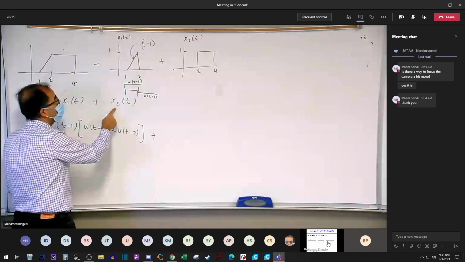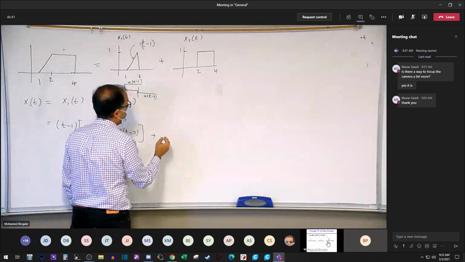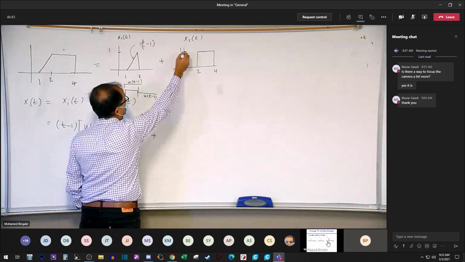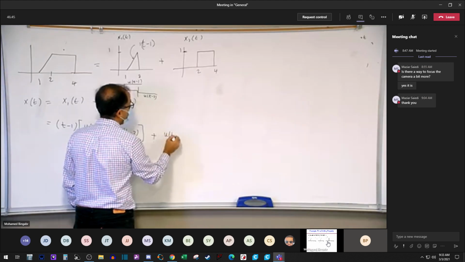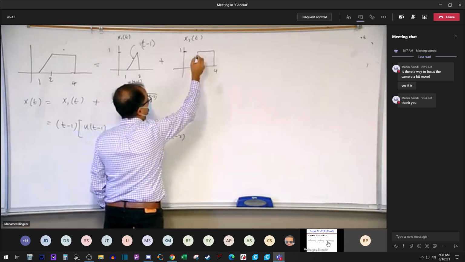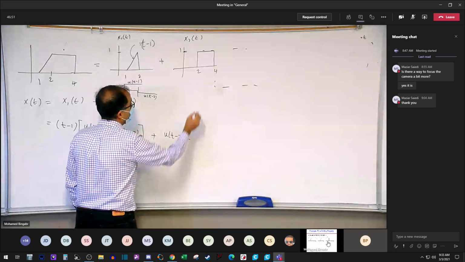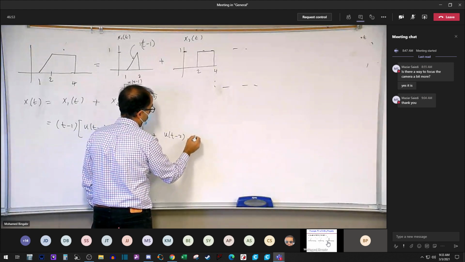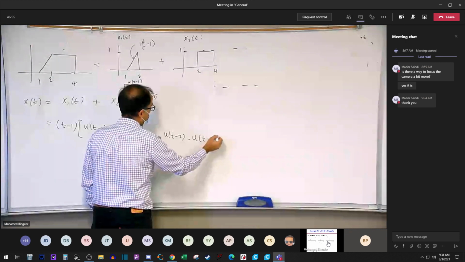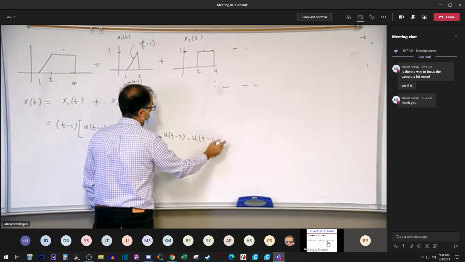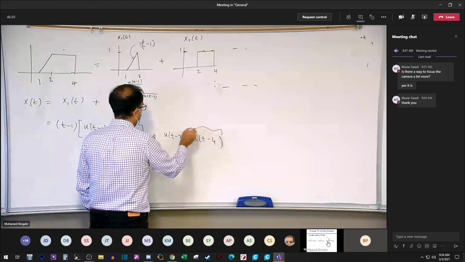Plus x2 of t is 1. That's again, amplitude is 1. So that is u of t minus 2. So you get this, and subtract from it another one, starting at t equals 4, u of t minus 4. This is x2.